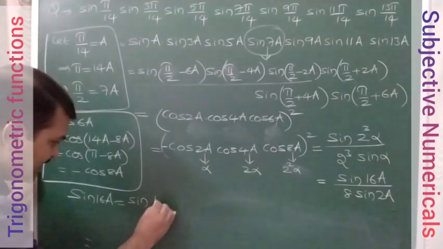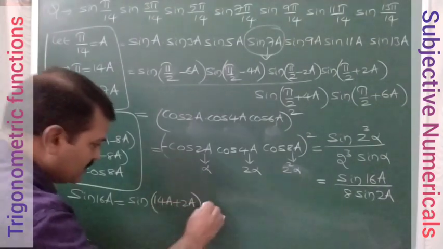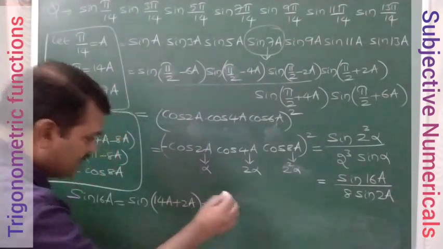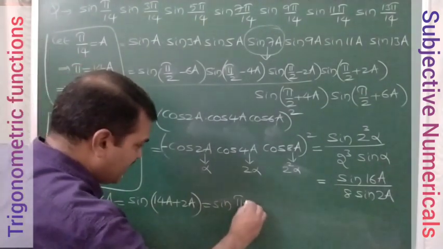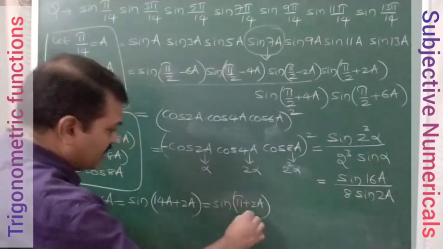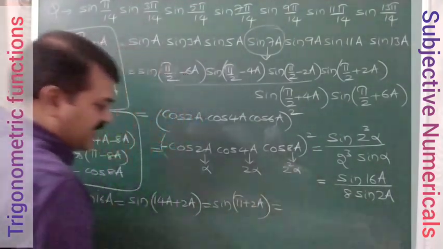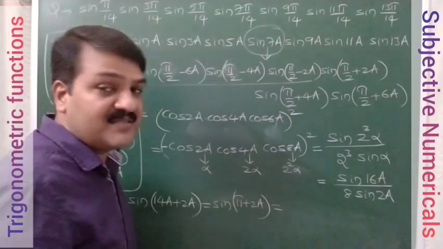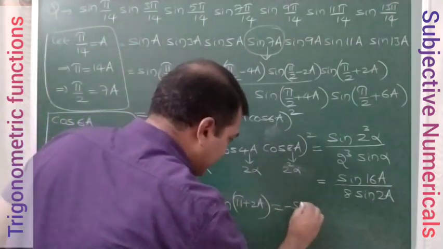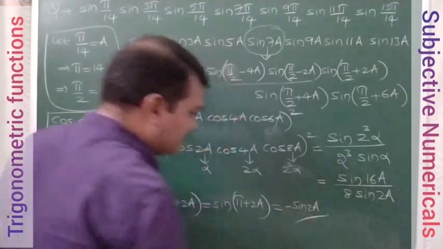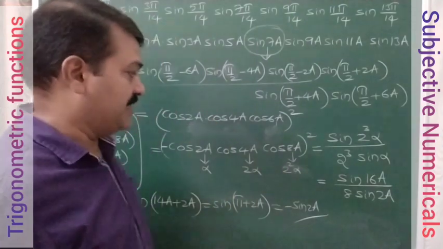So I will write this as 14a plus 2a. So sine of 14a plus 2a means pi plus 2a, because 14a is actually pi. And sine of pi plus theta is in the third quadrant, no? So sine of pi plus theta means minus sine theta you will get. So sine of 16a is actually minus sine 2a.